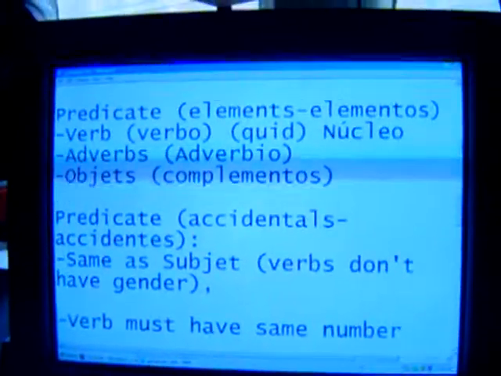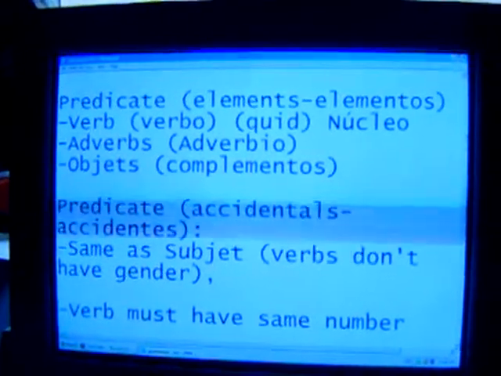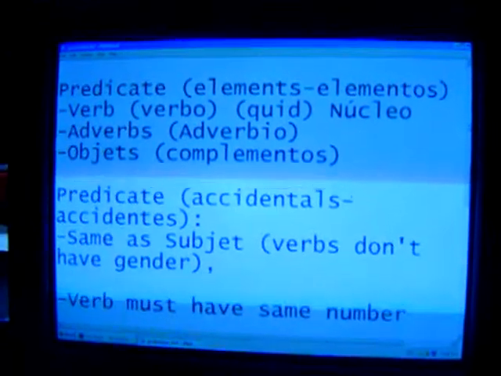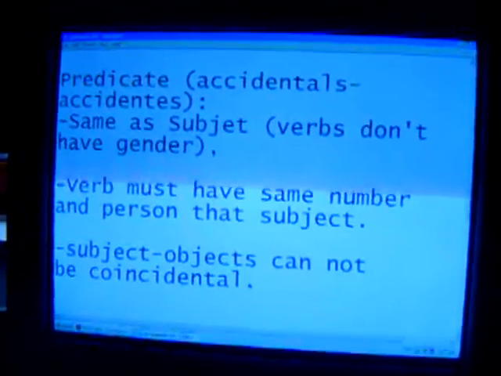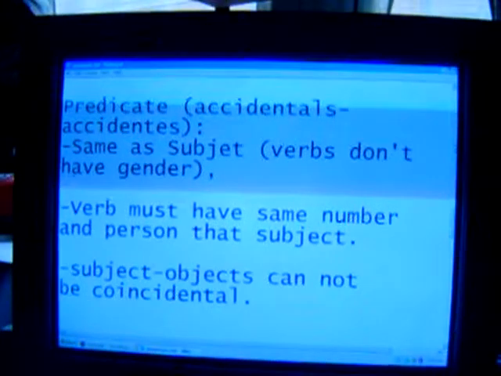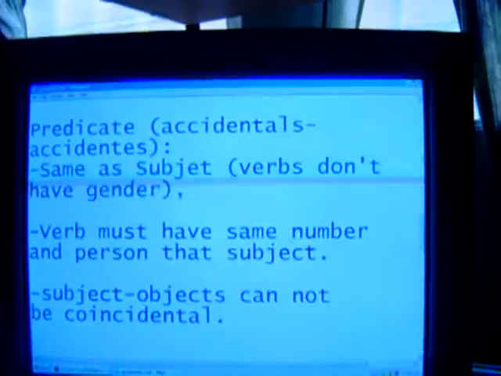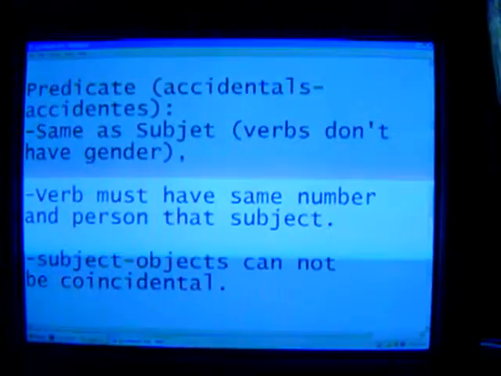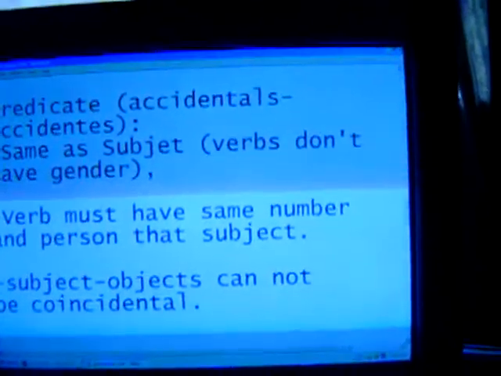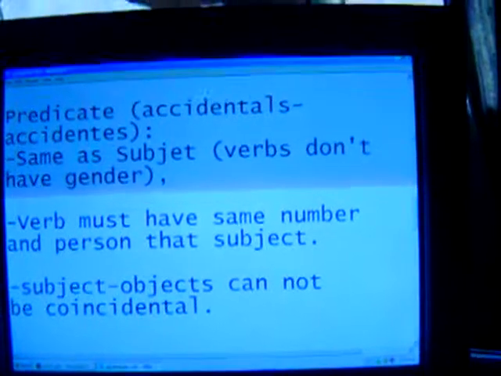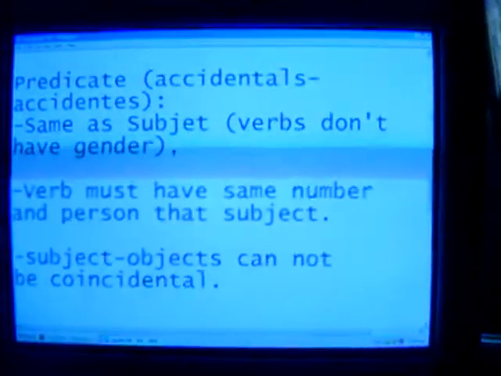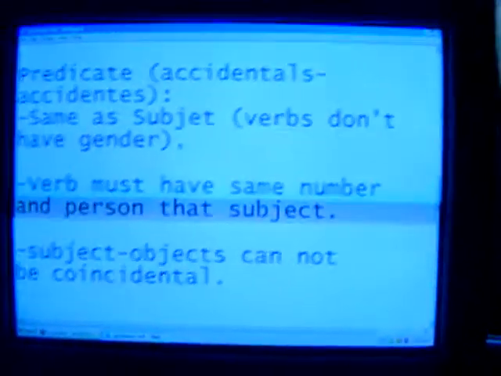They receive the action of the verb in a direct or an indirect form. Okay, the predicate accidentals are the same as the subject's: there will be the number, the gender, and the person.